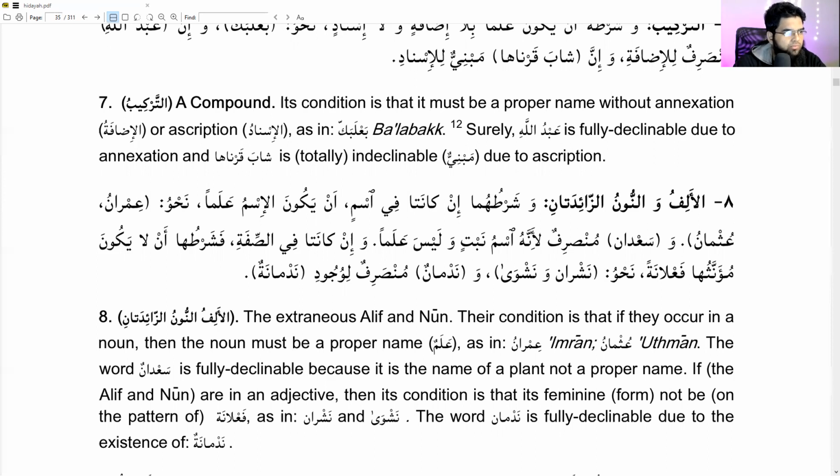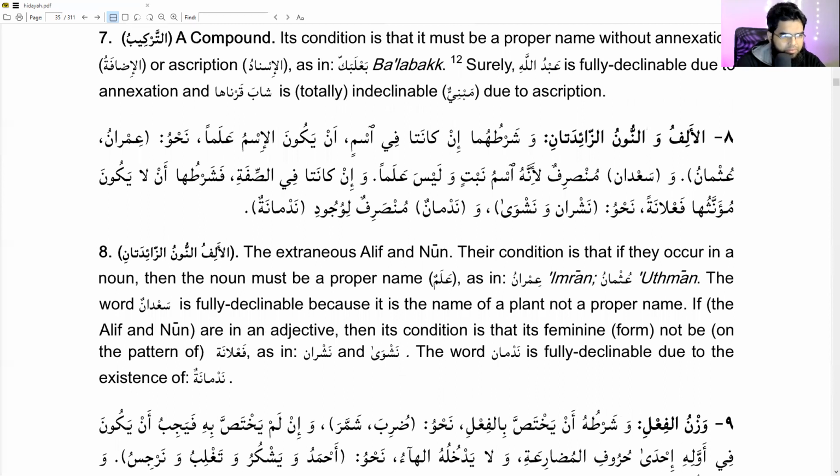Muntashir, no. Intashar, yeah, something who spreads it out. Maybe, yeah. Allahu A'lam. Anshara, Nashara, Manshur, yeah. Nashara is to spread it out, yes. So Nashran. Okay.